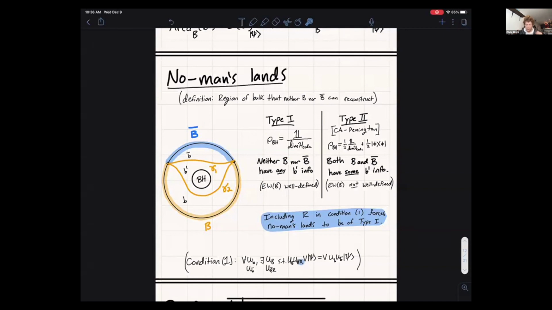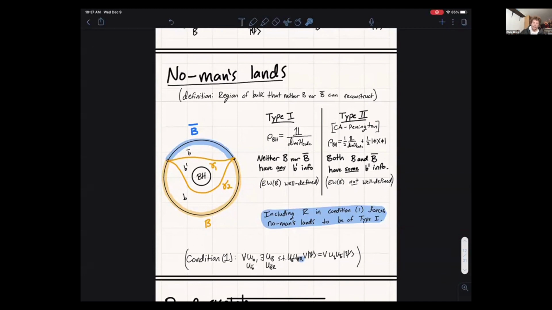But there's a separate sort of no man's land, which I'm calling type 2, which were identified by Jeff and me in our August paper. This sort of no man's land arises if you took the setup, but instead of a maximally mixed state, you put in a mixture that's half the maximally mixed state and half a pure state. In this case, still neither B nor B bar can reconstruct B prime, but that's because both have some information about B prime.